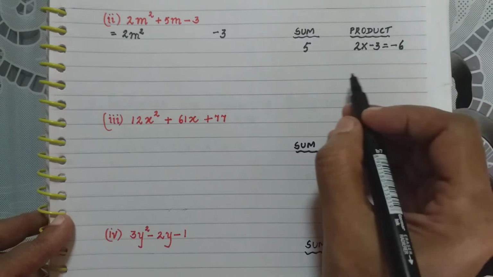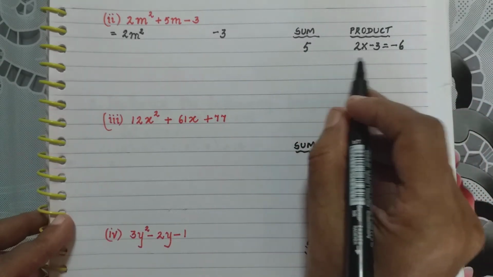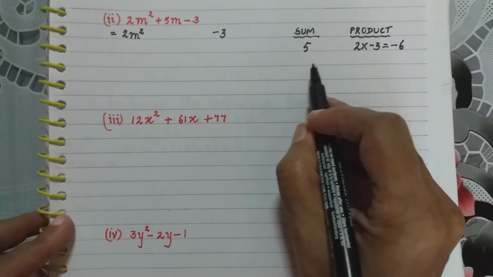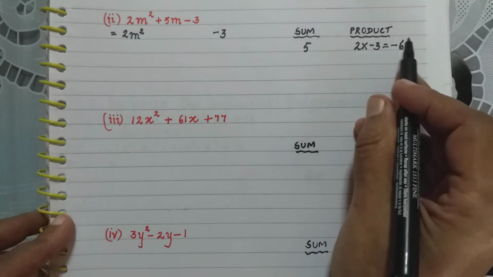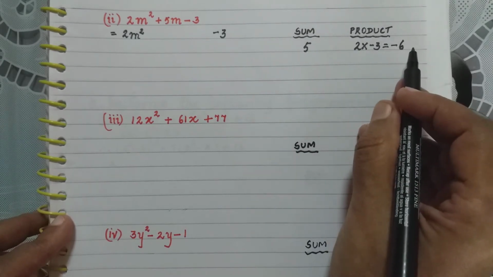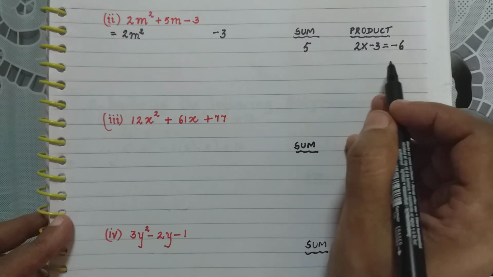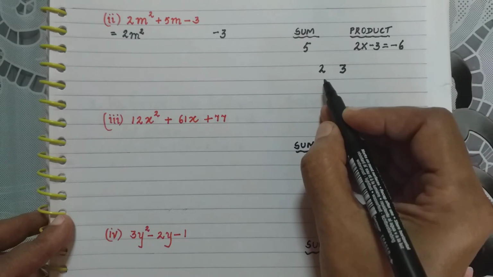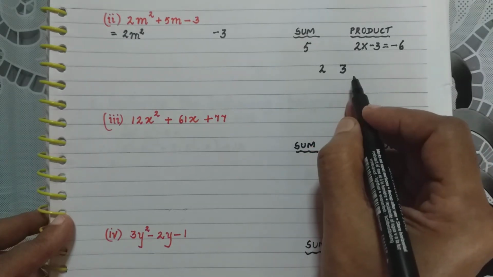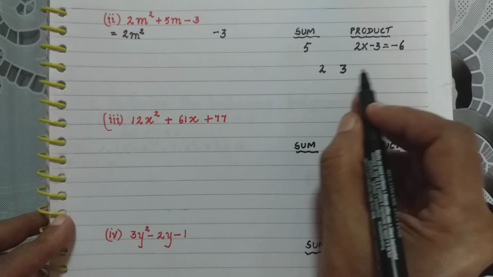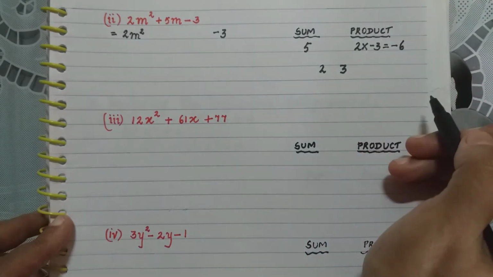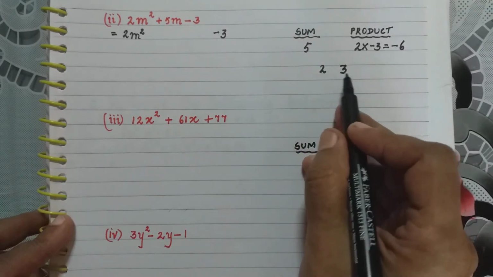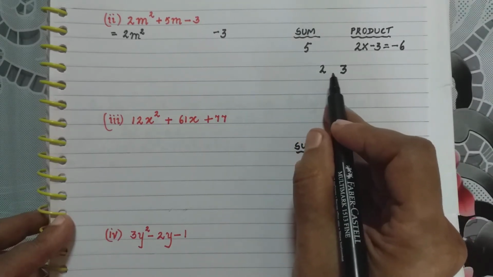Minus 6. Now I have to think of two numbers where their sum is 5 and the product is minus 6. Okay, so the product is 6. We can take the numbers 2 and 3. Now if I take 2 and 3, you see that the product has the minus sign. If the product has the minus sign, it is a hint that one of the numbers which I have chosen is minus.